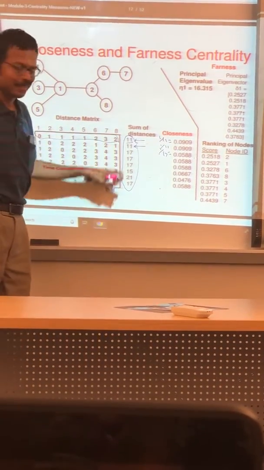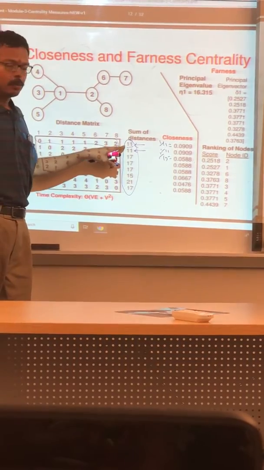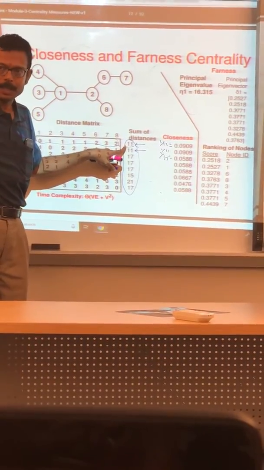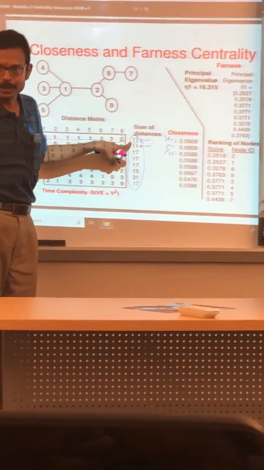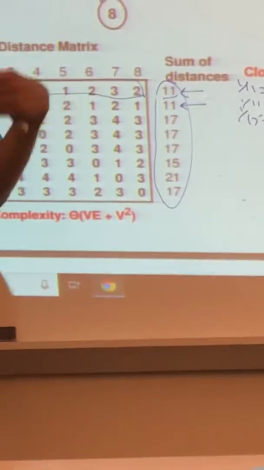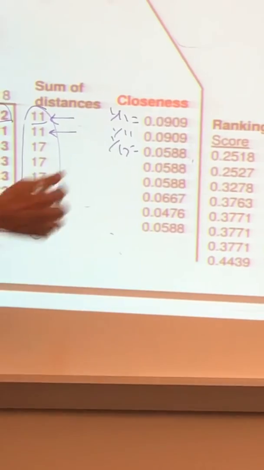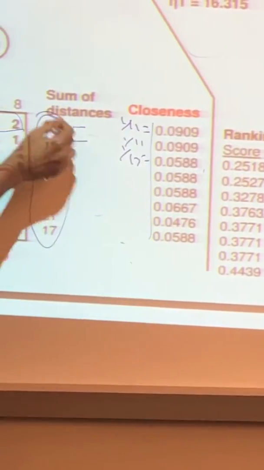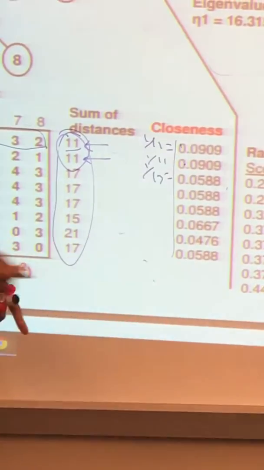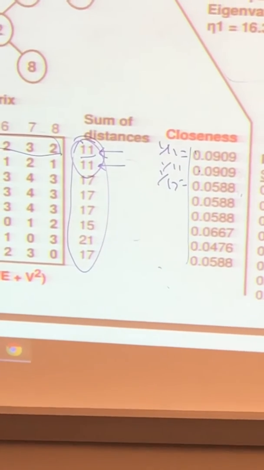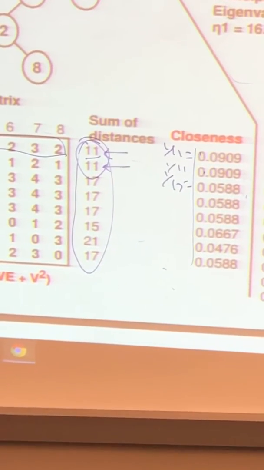But with just the sum, the smaller the sum, the more important the vertex is. So to reverse the trend, you take the inverse. When you take the inverse, the smaller the sum, the larger the inverse. So it means the larger the centrality value, the more important the vertex is, right?